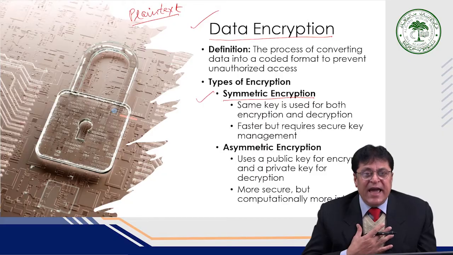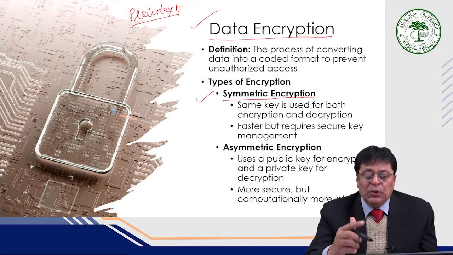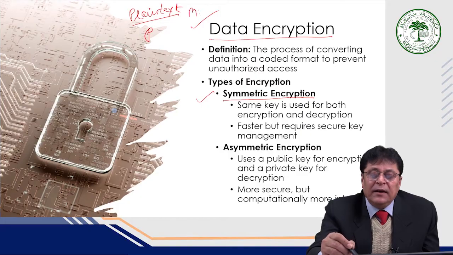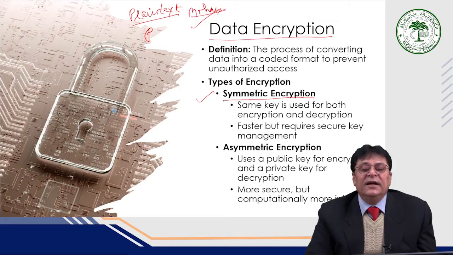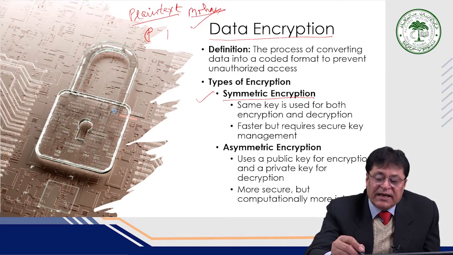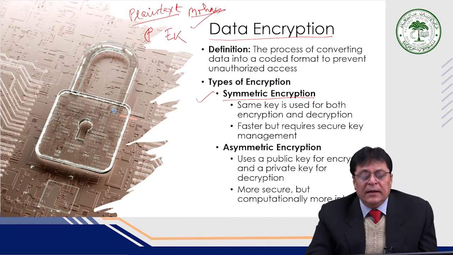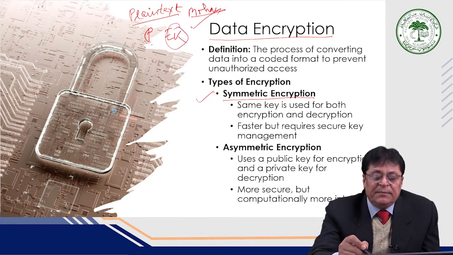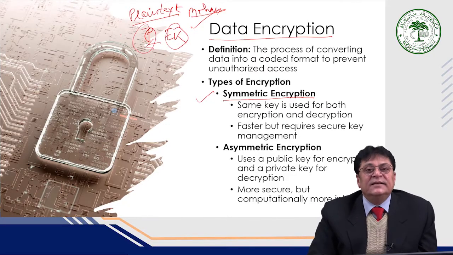So, suppose I have to send a plain text to Mohan, who is the receiver, I am sender. I will choose a key and use one algorithm. Using this key and algorithm, I'll encrypt this plain text and send it.